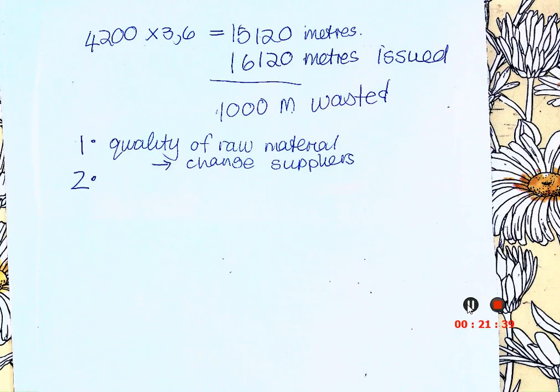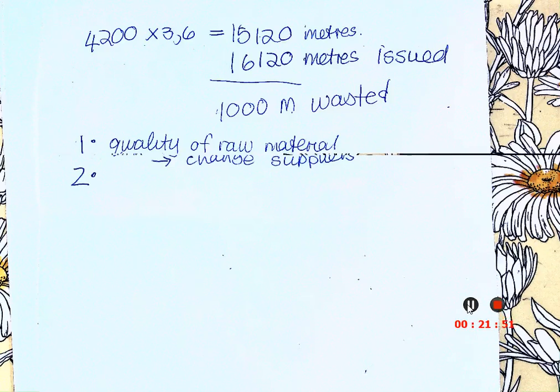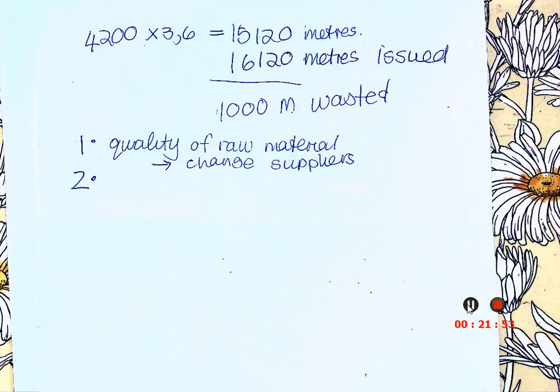One of two things you can decide. The one is the machines are old and outdated and they make mistakes. They rip the material, for instance. Then what would be your advice? Replace the faulty machinery or have it serviced.